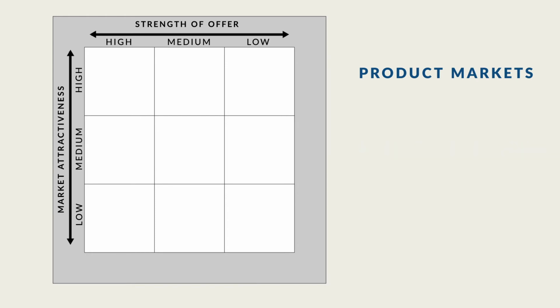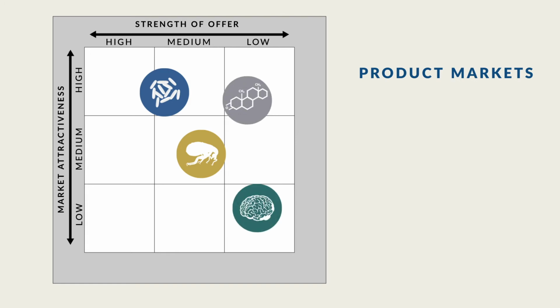For product markets, you could look at individual products in your portfolio, or more likely, product classes. So if you're an animal health pharmaceutical company, you could evaluate the markets for anti-infectives, parasiticides, neurological, hormonal, vaccine, and diagnostic products.